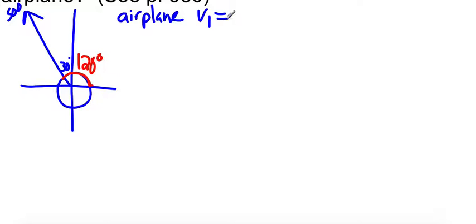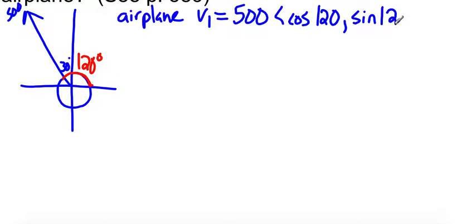It's going to be 500, that's its magnitude, and then its horizontal direction is going to be cosine of 120, its directional angle. Sine 120 will be its vertical. Okay, and that's from that formula from the previous page that we get that.